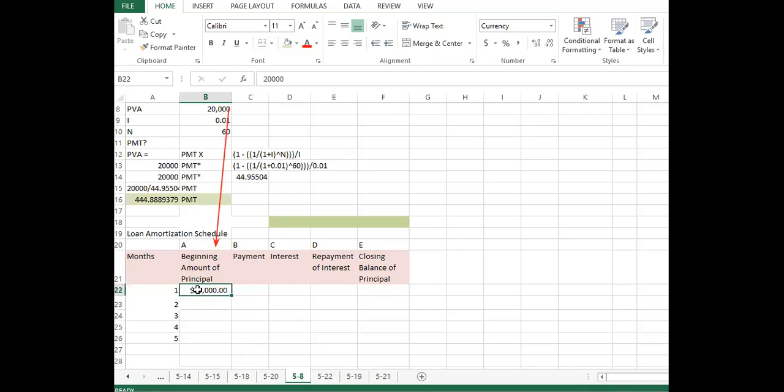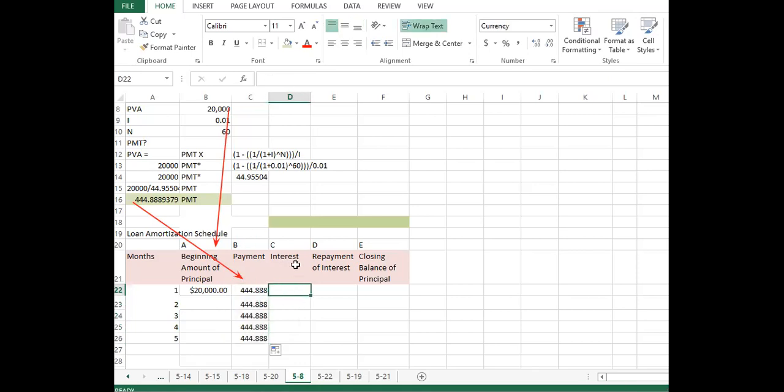And the payment, here we have already calculated the payment. So the payment is $444.88, and we know that this payment remains constant throughout the term.